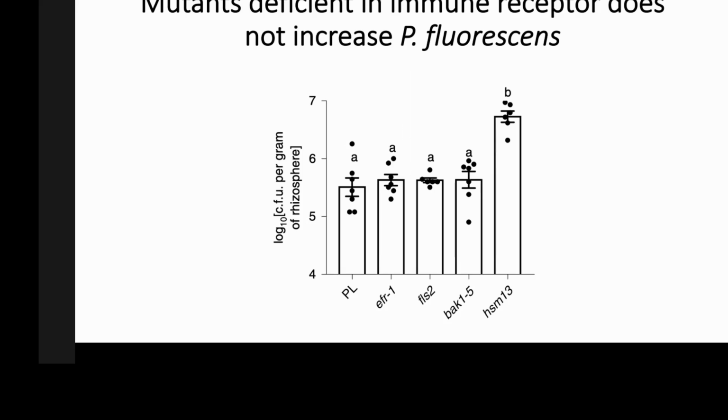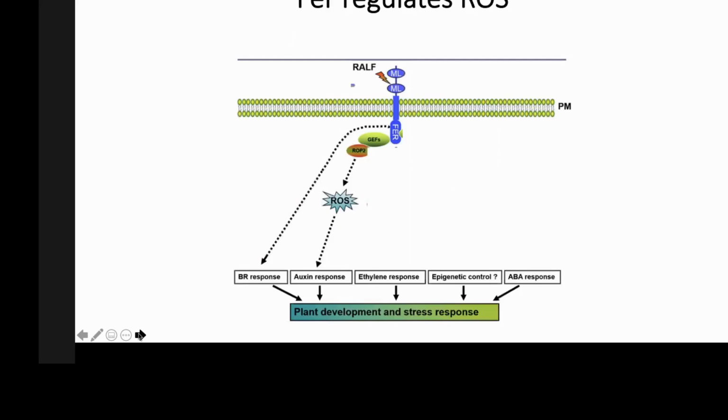Then they made a double with BAK1 and BKK1. That's a supplement. Yeah, that is a BAK1-like, brother of BAK1. Okay, they don't need them. All right, so yeah, it doesn't need them.